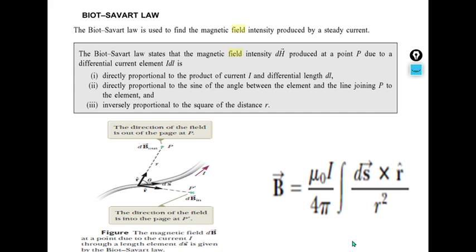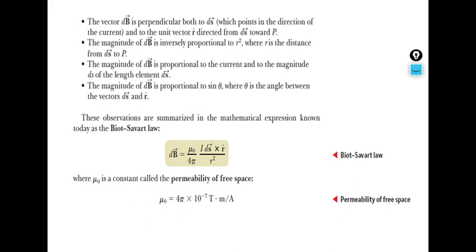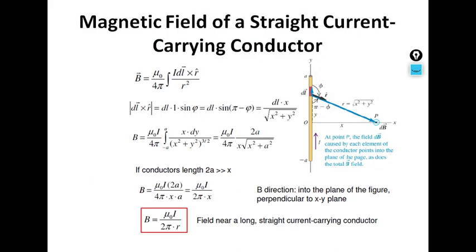Now I am not describing this further because I already described it. So, the magnetic field of a straight current carrying conductor. If I take a conductor which has a length of 2a, that means minus a to a, and I take the positive y-axis and this is the positive x-axis, and I take a small element of current I dl, what is the field strength produced?